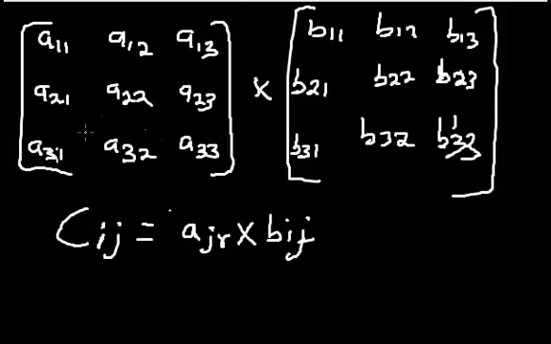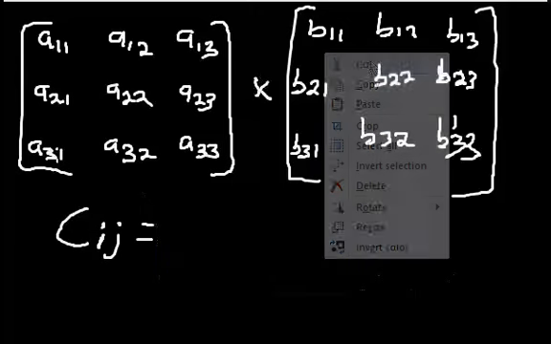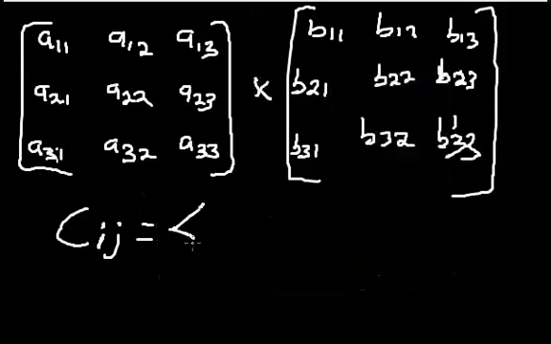Now remember, when I'm multiplying, I don't just have one element in a row, because I go row against column. So it's going to be the sum of all the multiplications I do with the row against the column.